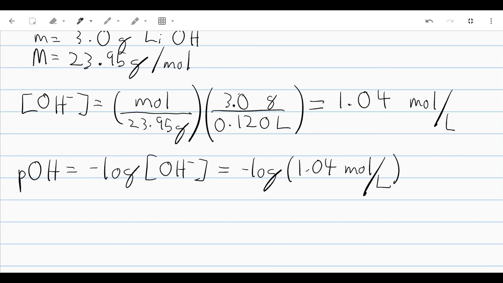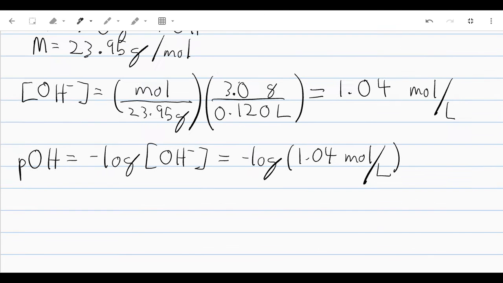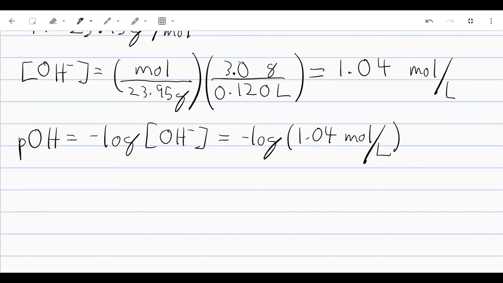They technically do, but we never record them because those units have had the logarithm function applied to them, and saying the negative log of moles over the negative log of liters is a mouthful, and it doesn't make intuitive sense. So we don't usually write the units down for these. This is going to give us a pOH of negative 0.02.